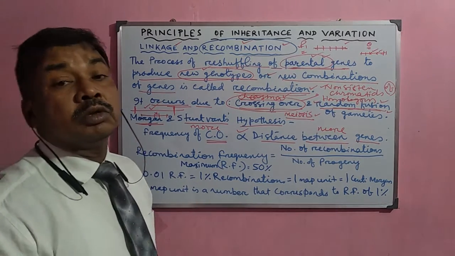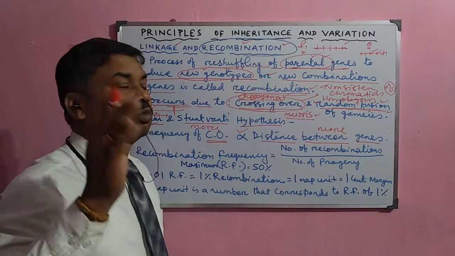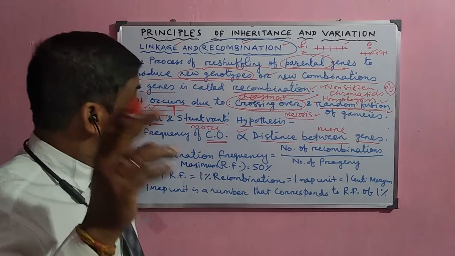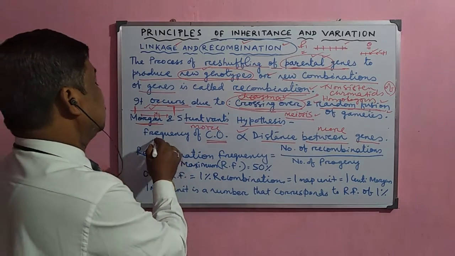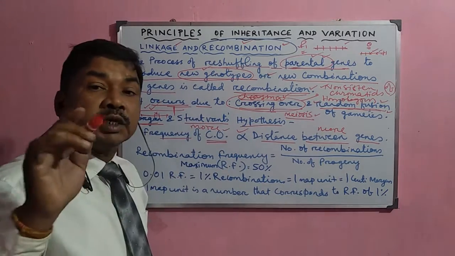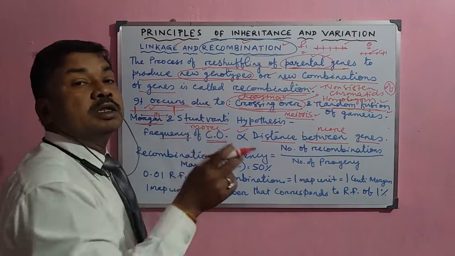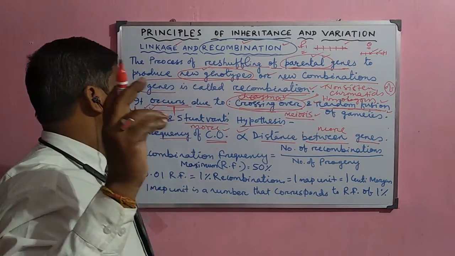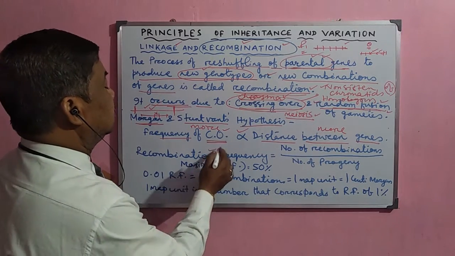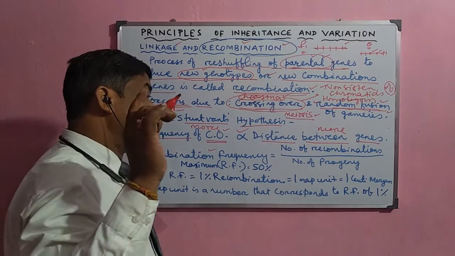That is why the chance of crossing over between genes present in the same chromosome is more when the distance between the genes is more. So the frequency of crossing over is directly proportional to the distance between the genes. And if the distance is very less, then the chance of crossing over is also less. That is why the recombinant frequency is directly related to the distance between the two genes.